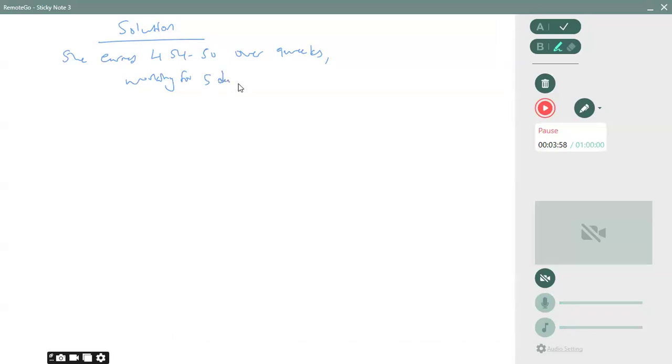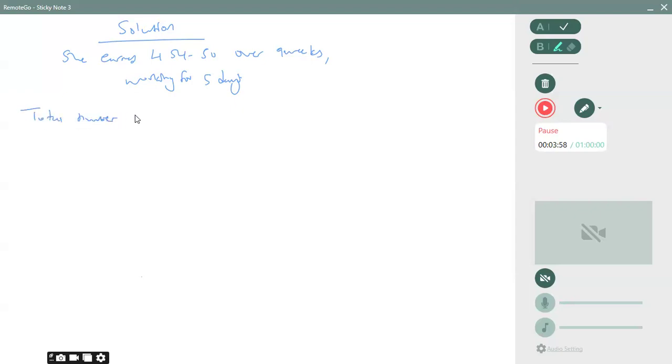All right. Now, first of all, we need to calculate the total number of days she worked for. That is very important, because she earned 454.50 over 9 working weeks, working for 5 days. So it is paramount that we first calculate the total number of days.